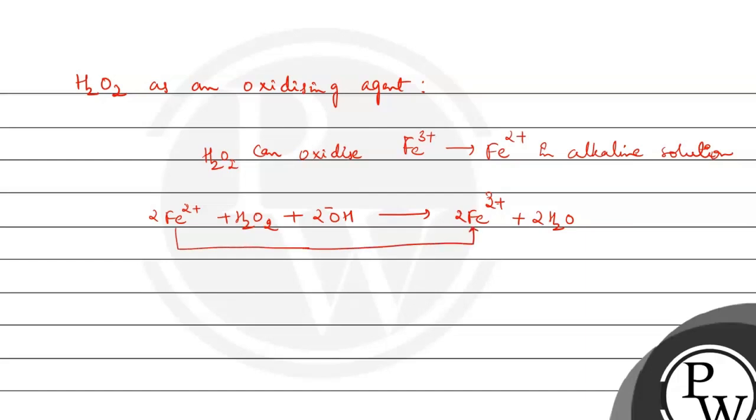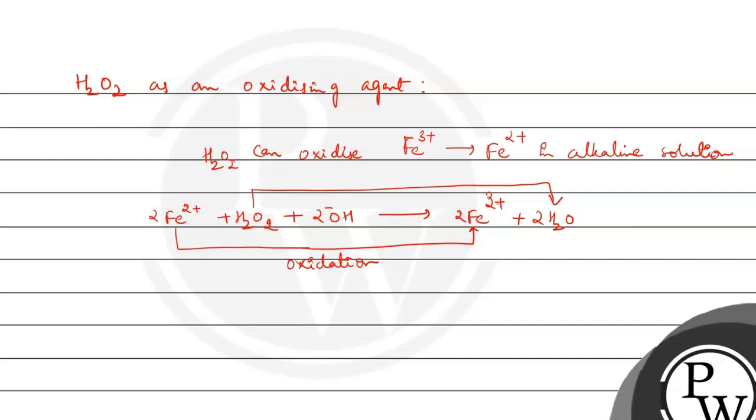So here Fe2 plus has been changed to Fe3 plus. So here the oxidation state of iron is increased from 2 plus to 3 plus. That is, here oxidation is occurring. So if it is oxidizing the other species, that itself says that H2O2 in this case is acting as oxidizing agent, but itself it is getting reduced to H2O, that is water.